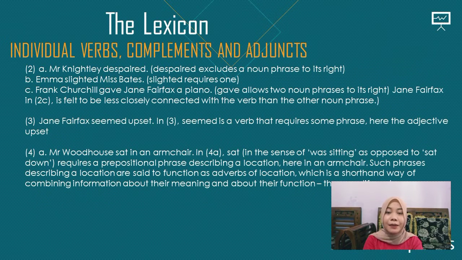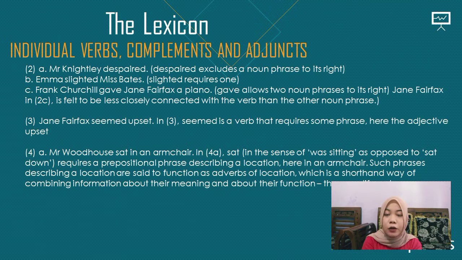Oke, masih dalam pembahasan tentang individual verbs, complement, and adjunct. Di sini ada beberapa contoh. Contoh pertama yaitu Mr. Knightley despaired. Despaired di sini mengecualikan frasa kata benda di sebelah kanannya, seakan-akan tidak membutuhkan, atau yang biasa kita sebut dengan intransitive verb. Nah, yang kedua itu ada Emma slighted Miss Bates.